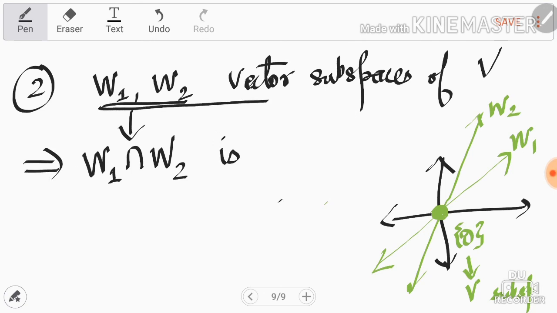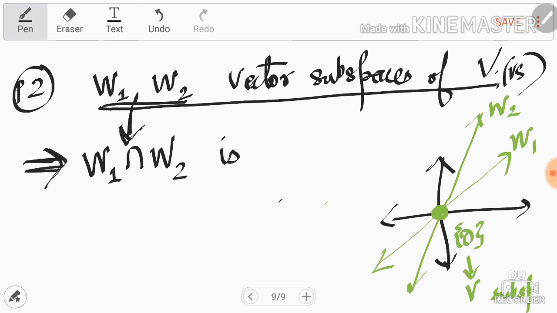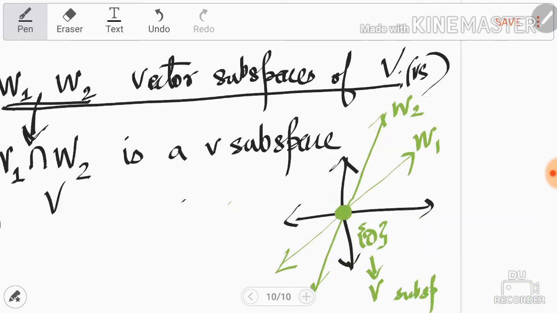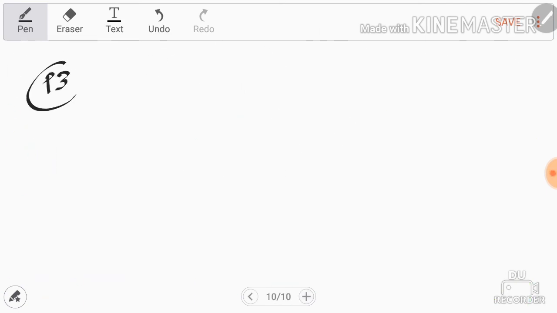So the second proposition is that if W1 and W2 are any two vector subspaces of a vector space V, then their intersection is also a vector subspace of V. The third proposition is that we can go further.